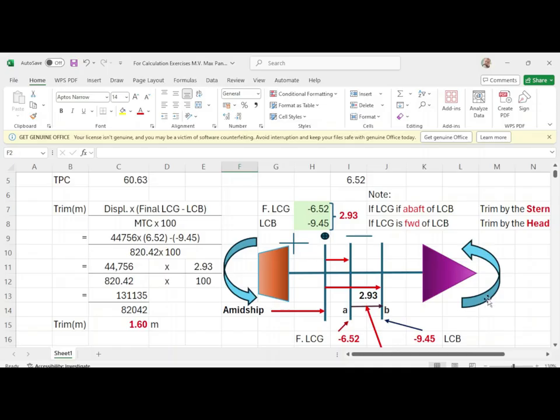That's why you have this figure of counterclockwise, meaning go up or with a direction of counterclockwise. Now, above of LCB, which is behind of LCB, you have this final LCG, which is this line.